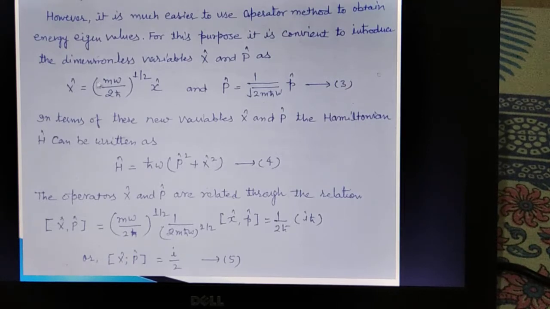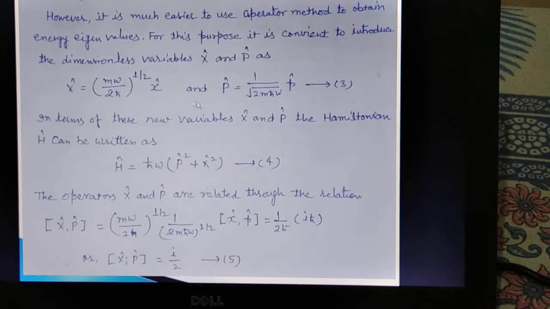we define two dimensionless operators, capital X and capital P. Capital X equal to square root of m omega over 2 h cross x, and capital P equal to 1 over square root of 2 m h cross omega p.